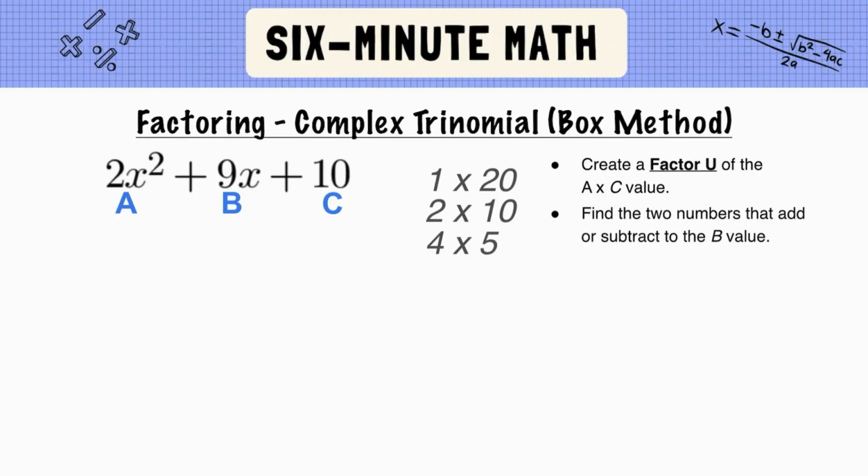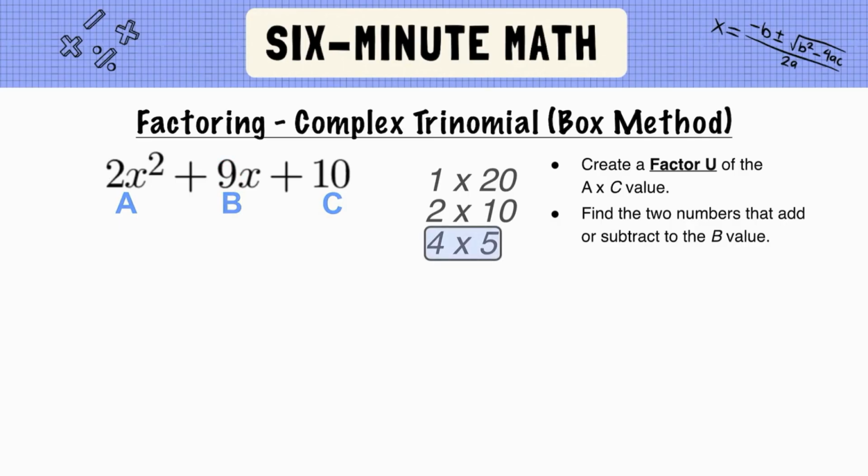Our next step is to find two numbers that add or subtract to that b value. How do we know whether we are adding or subtracting? We look at the operation next to our c value. This tells me that we are adding, so I'm going to look for two numbers that add to that b value.